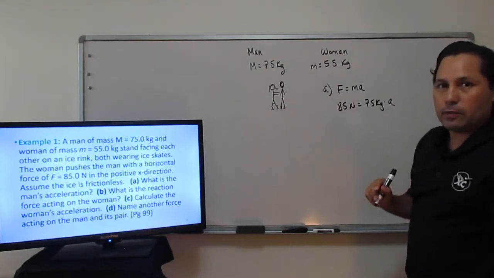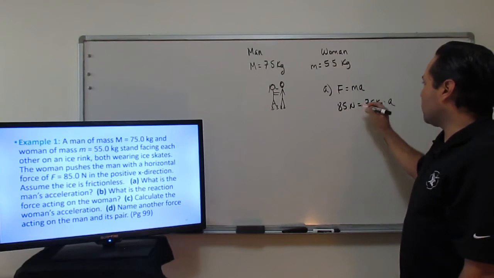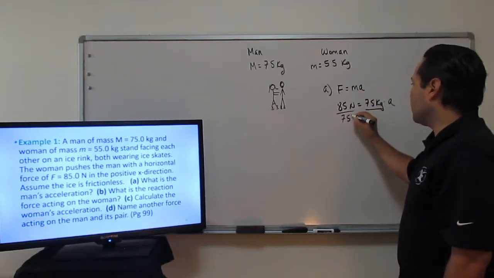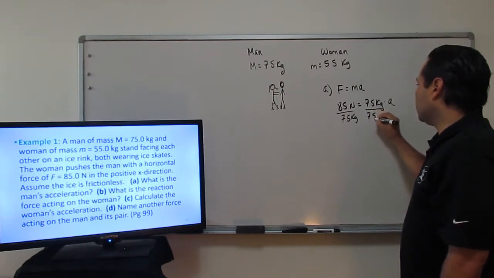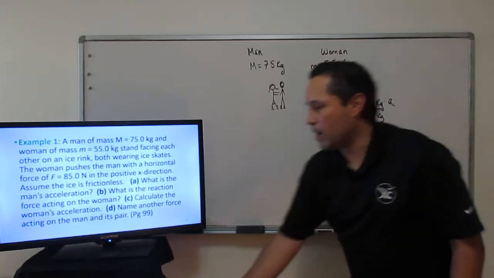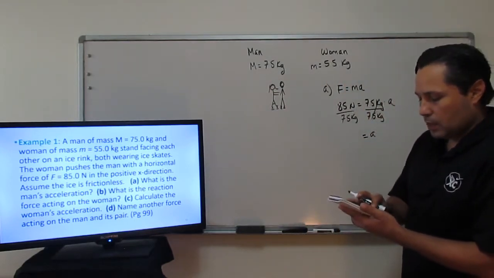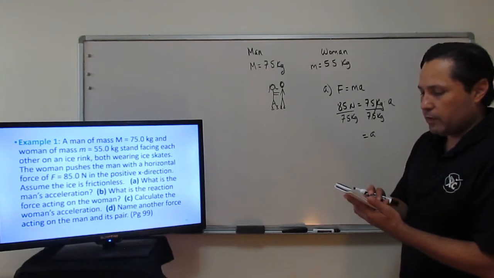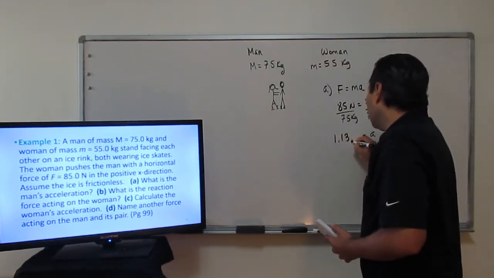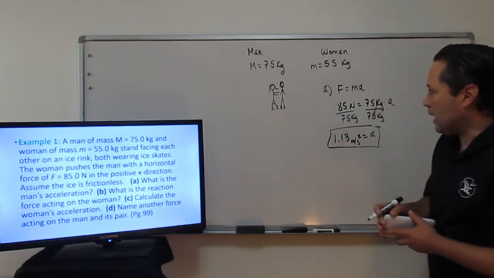Acceleration is what we're looking for, so we're going to divide by m on both sides to isolate the acceleration. So we divide by 75 kilograms, and the acceleration of the man becomes 85 divided by 75, 1.13 meters per second squared. So that's the answer for part A.